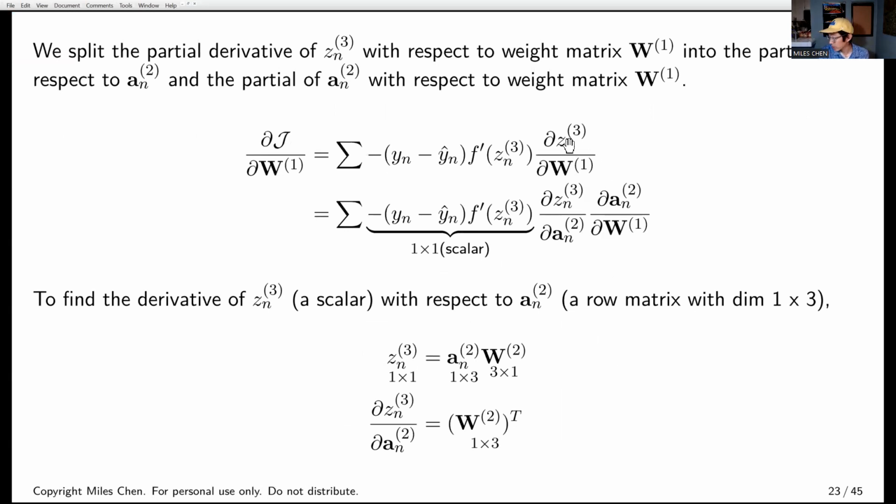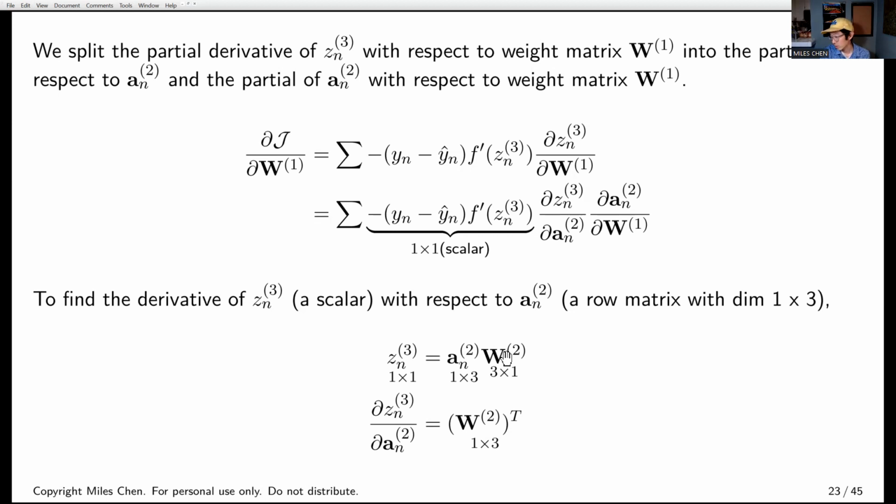And so we're going to say, okay, well, how does z sub n change with respect to the first weight matrix W1? And we split this into how does z sub n change with respect to a sub n, and how does a sub n change with respect to W1. So z sub n is the result of multiplying a sub n times our second weight matrix.